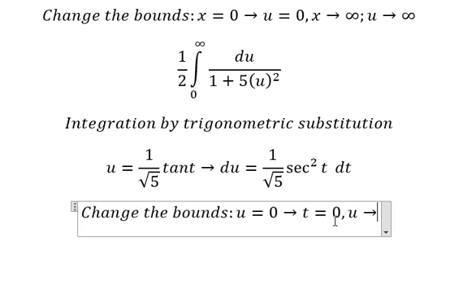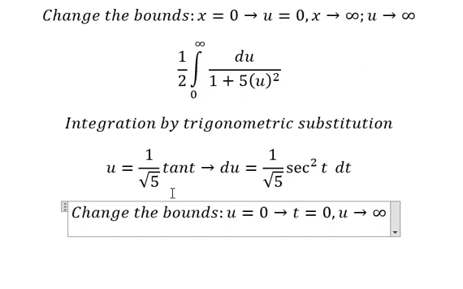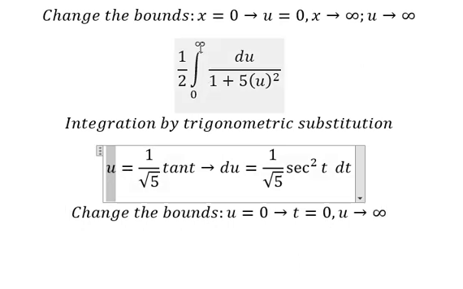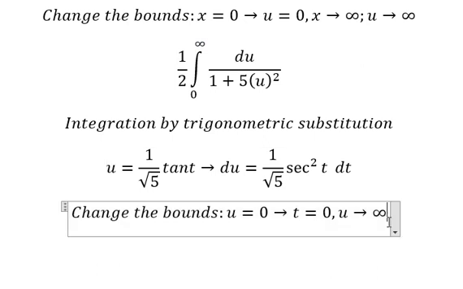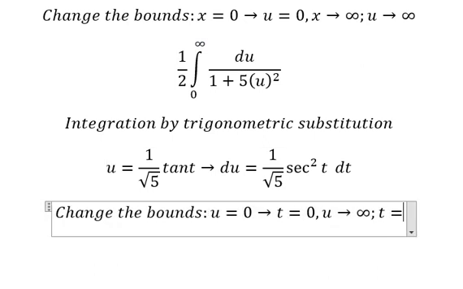When u approaches positive infinity, we put positive infinity in here, and you get t equals pi over 2.